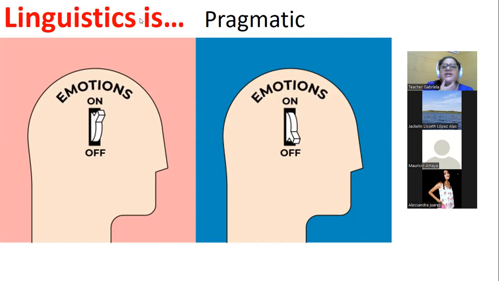So, in this game, Mauricio, the pragmatic picture about it, emotions on, emotions off. What does it represent for you? I suppose that we're giving a meaning by ourselves. If I ask you about an image or a word.